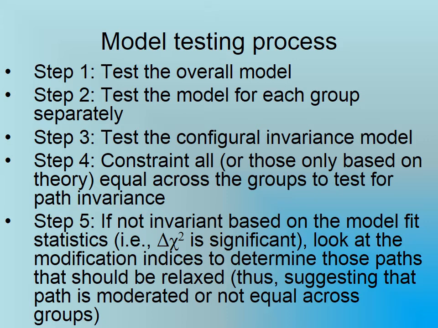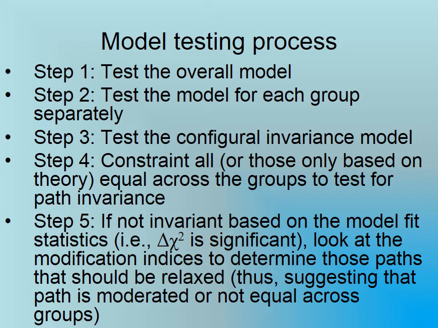So in step 4, your path invariance model is one where you constrain all the path coefficients to be equal across the two groups. Essentially what you're testing is whether all your beta and gamma coefficients are equal across kids whose parents pay for college and do not pay for college.